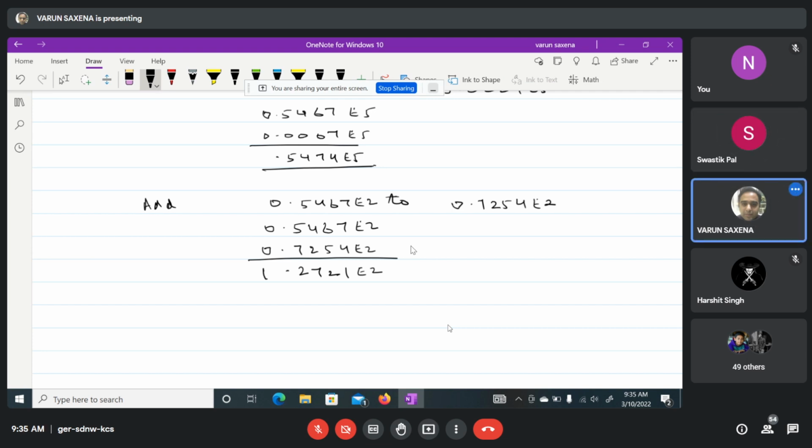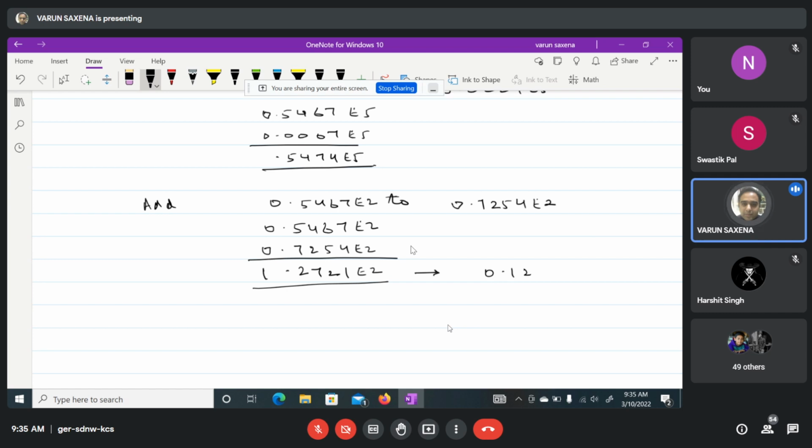What will happen now is that this is not the normalized form. The computer will not store it like this. The computer will first convert it into normalized form. So if you convert it into normalized form, this will go here, and you will get one more 1.